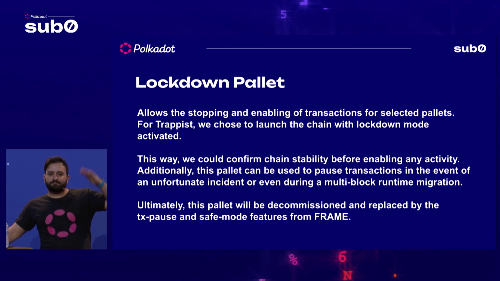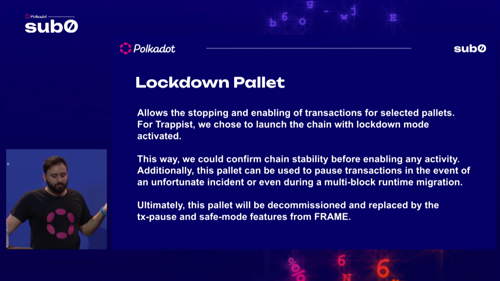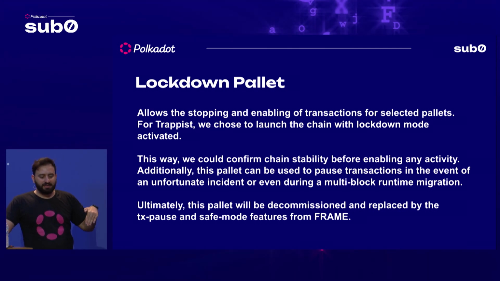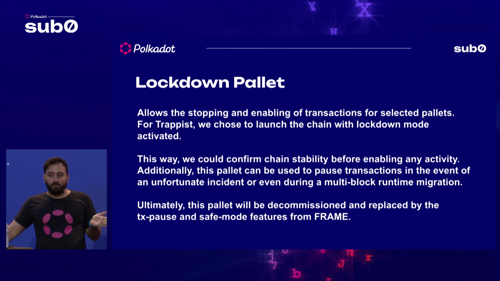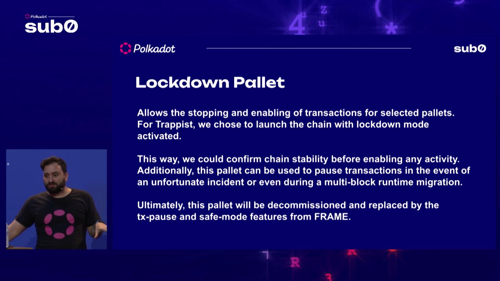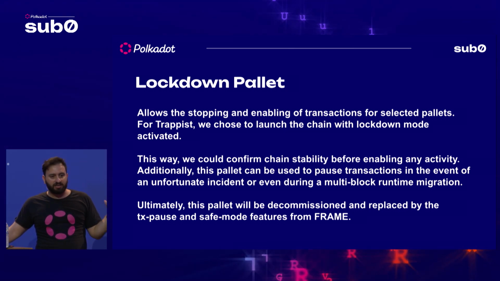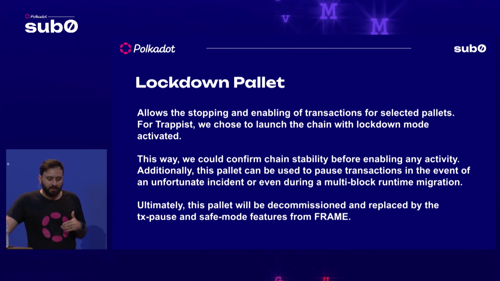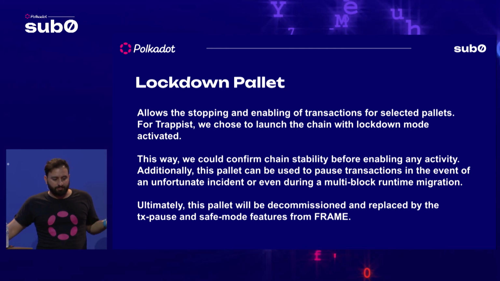So you can whitelist or blacklist transactions from pallets, right? This was useful because when we launched Trappist, we launched it with the lockdown pallet mode on, so basically no transactions. We launch and say everything is cool, and when we feel safe, we remove the lockdown filter and enable operations, right?